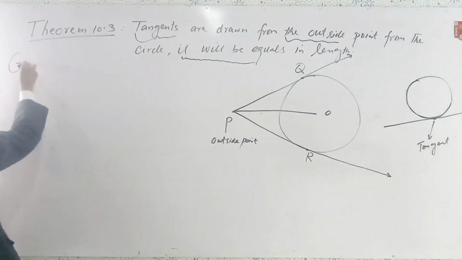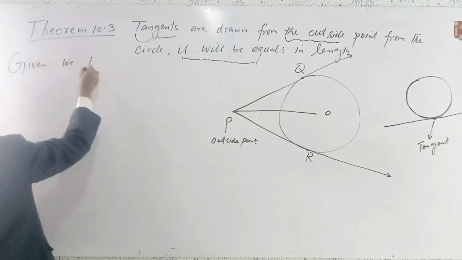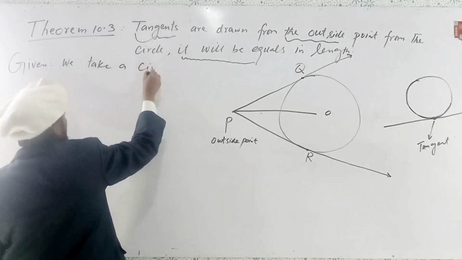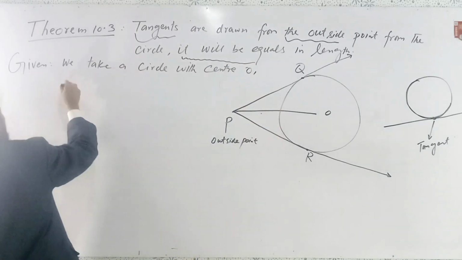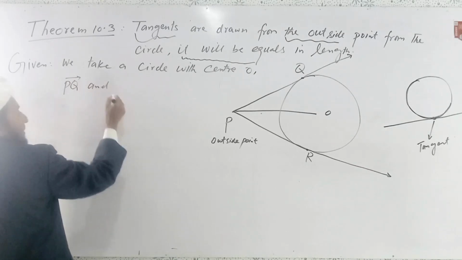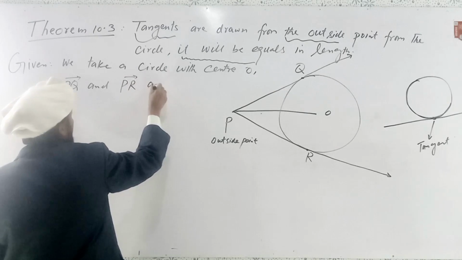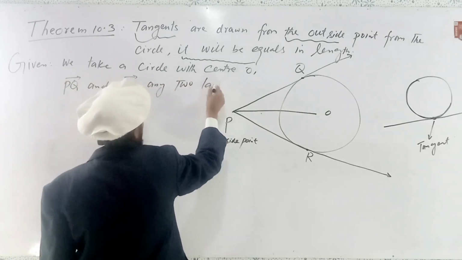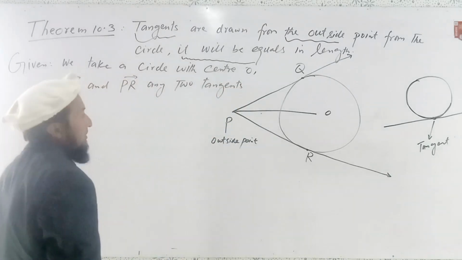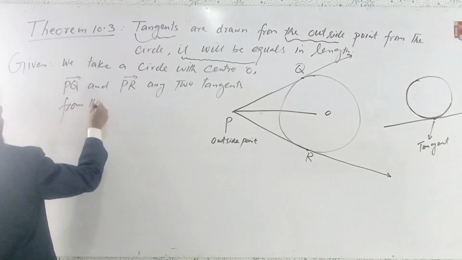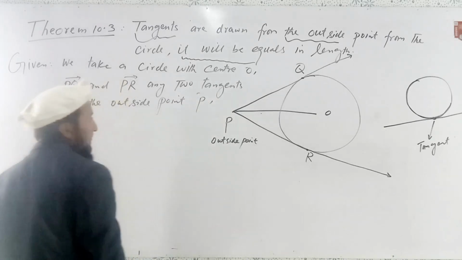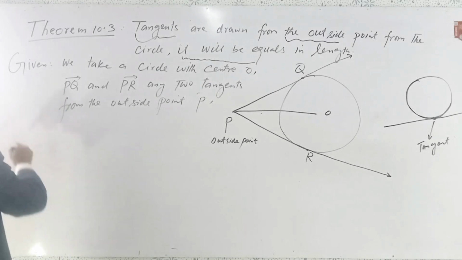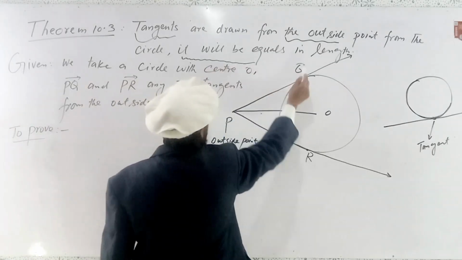So given: we take a circle with center O, PQ and PR any two tangents from the outside point P. Now, to prove: these two tangents are equal in length.